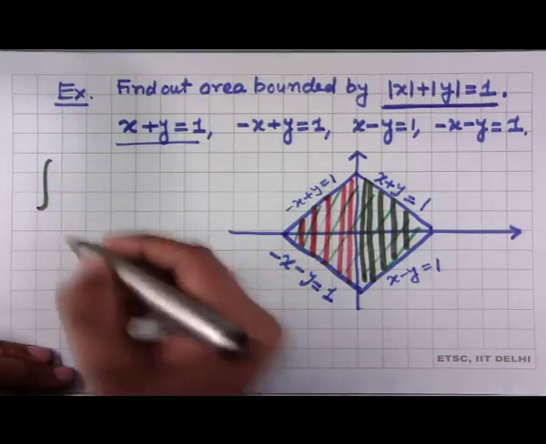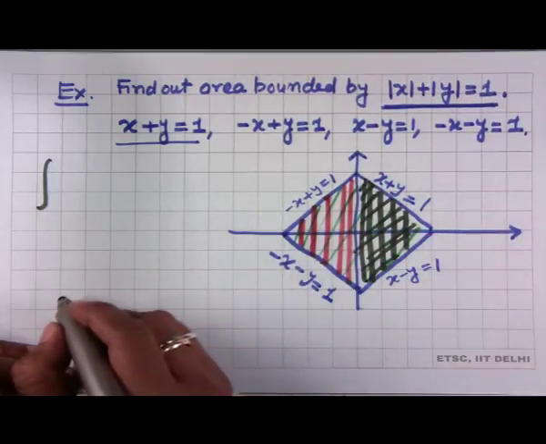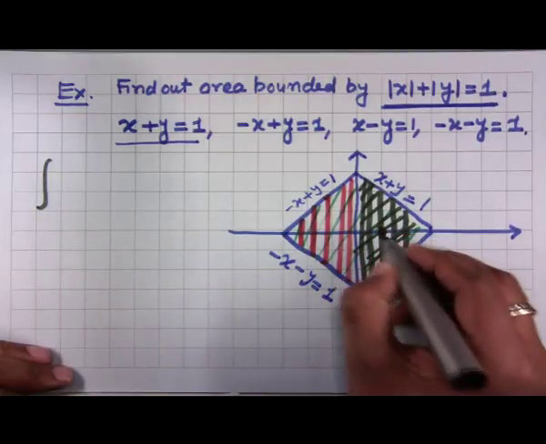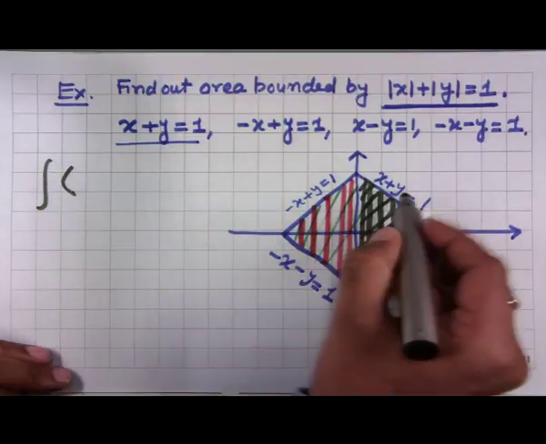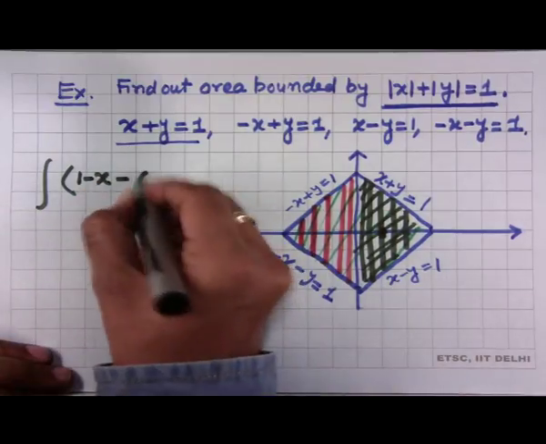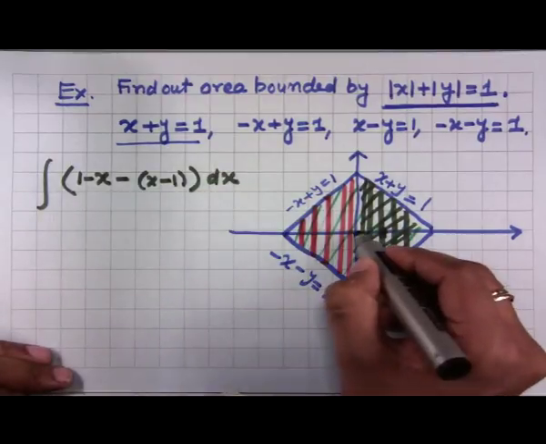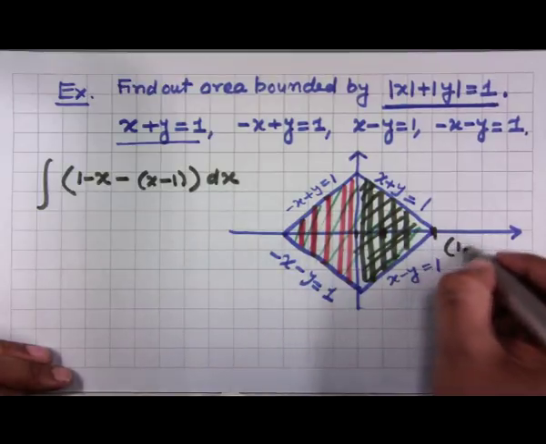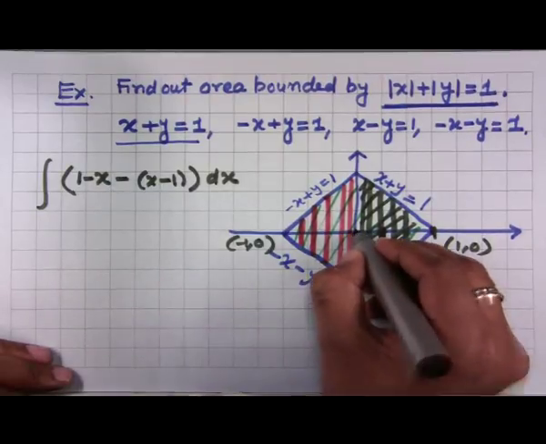So, for black shaded area, elementary area will be, if you take dx as width of the strip, y is 1 minus x minus, here y is x minus 1, into dx. The limit of x will be from here to here. So, by observation you can see that this will be 1 comma 0, this will be minus 1 comma 0, and this is origin as usual.